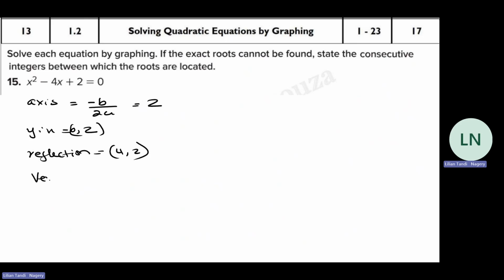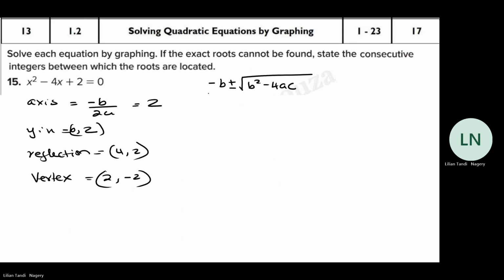Then I found my vertex, which was 2, negative 2. Remember, you're putting 2 back into the equation. Then I did my quadratic formula. My values were like that. This should be negative.